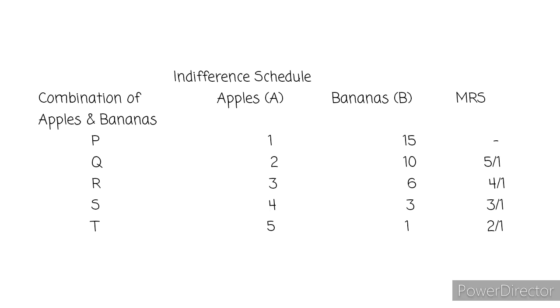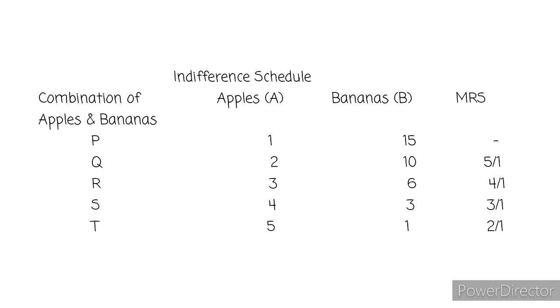Then from combination Q to combination R, again we are gaining 1 more apple from 2 to 3, but we are sacrificing less of bananas, from 10 to 6 it's only 4 units. So the MRS is 4 upon 1. Then from R to S, again 1 apple is increased from 3 to 4, and the bananas we are sacrificing are only 3 units.